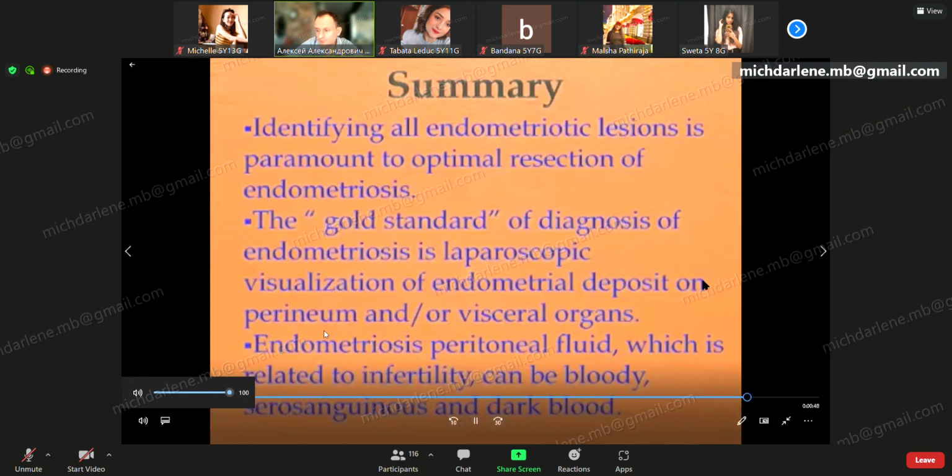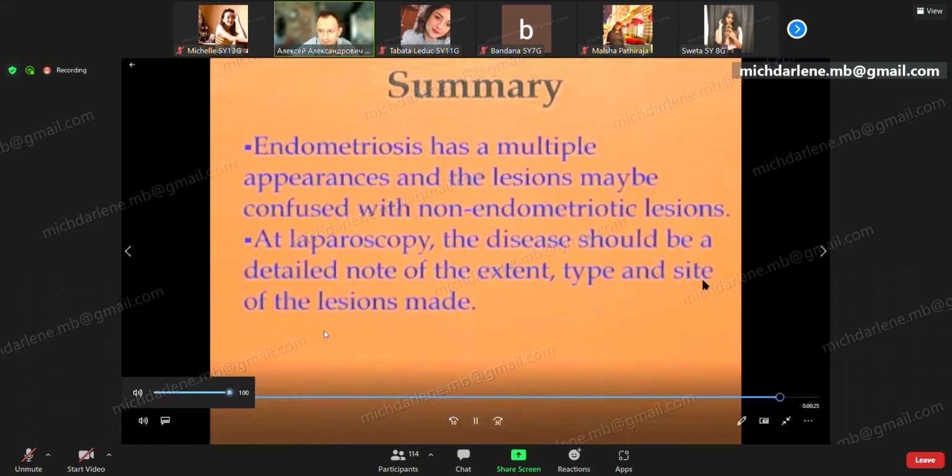Identifying all endometriotic lesions is paramount to optimal resection of endometriosis. The gold standard of diagnosis of endometriosis is laparoscopy with visualization of endometrial deposits on peritoneum and visceral organs. Endometriosis peritoneal fluid, which is related to infertility, can be bloody, serosanguinous, or dark and brown, consistent with old blood.